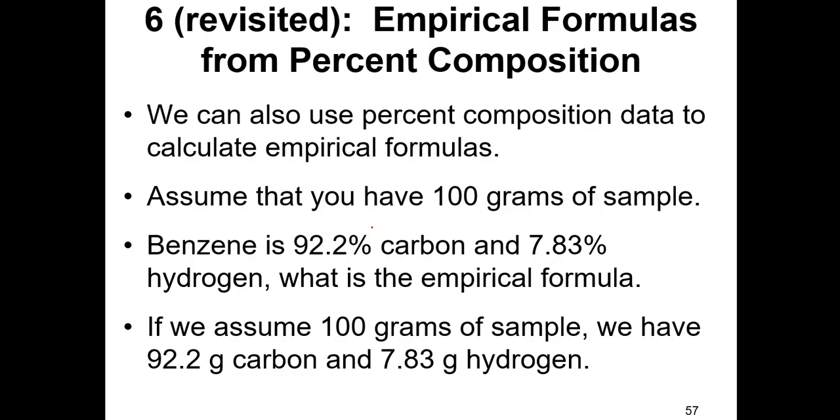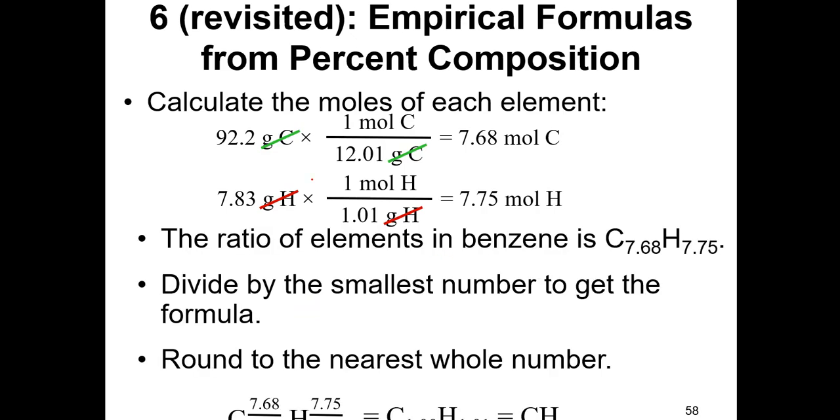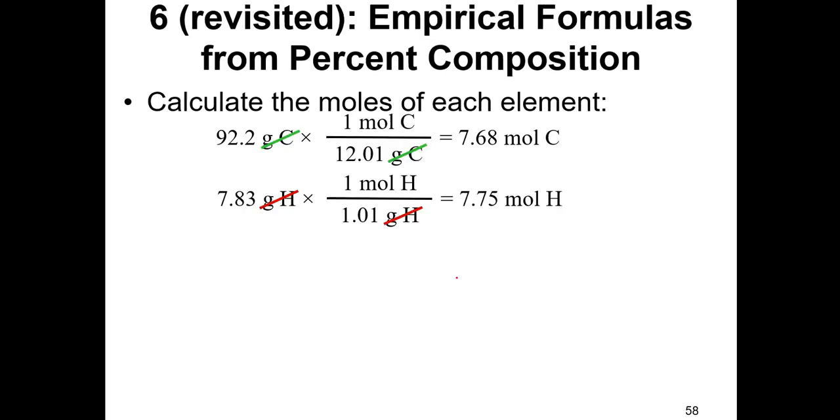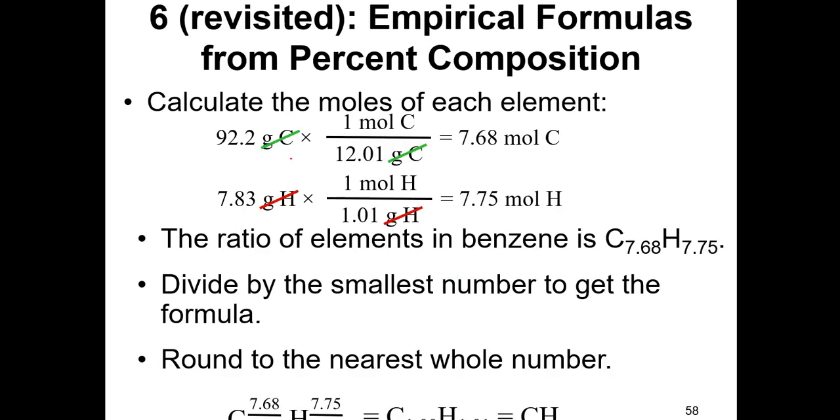First thing we do is we turn the percentage into grams. Once we have the grams, so for example, the 92.2% is now 92.2 grams. The 7.83% is 7.83 grams.